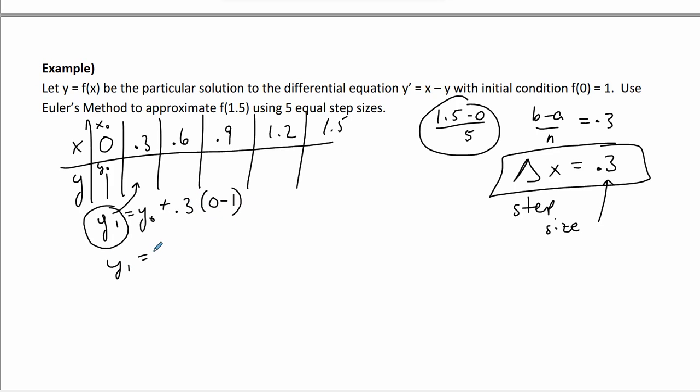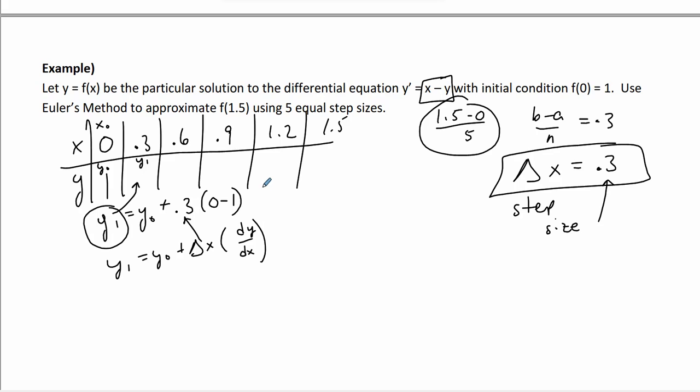So y sub 1 is equal to y sub 0 plus delta x times dy over dx. Delta x is 0.3. How do I get dy dx? I take the values of the point before what I'm finding. I'm finding y sub 1, so I take the values from the point before, which is 0, 1, and plug it into my slope, and that's how I get 0 minus 1.